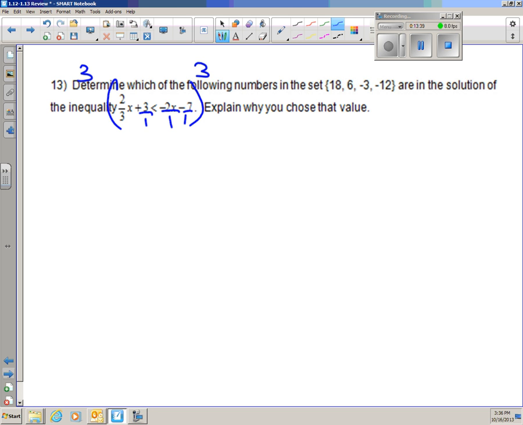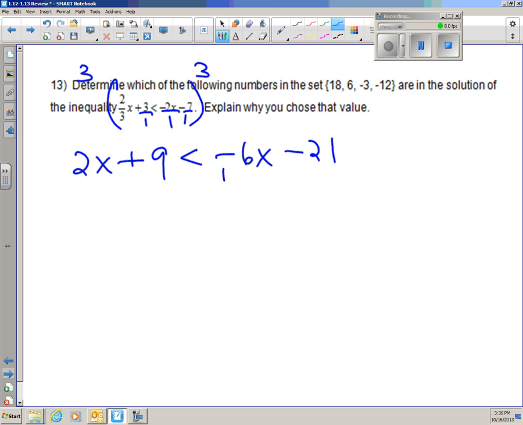If I do math, 3 divided by 3 times 2x is 2x. 3 divided by 1 is 3 times 3 is 9. Less than 3 divided by 1 times negative 2x, negative 6x. 3 divided by 1 times 7, minus 21.